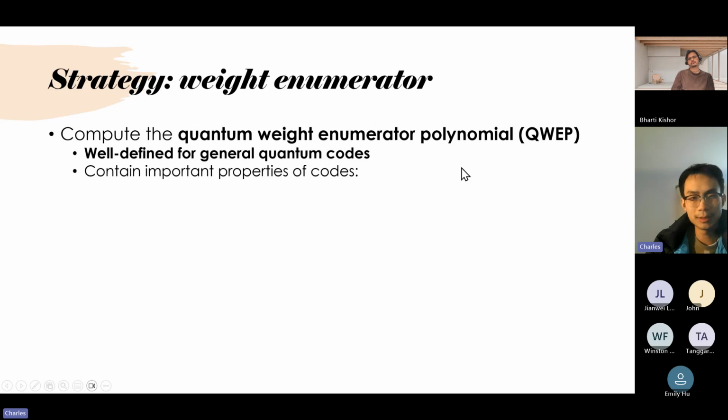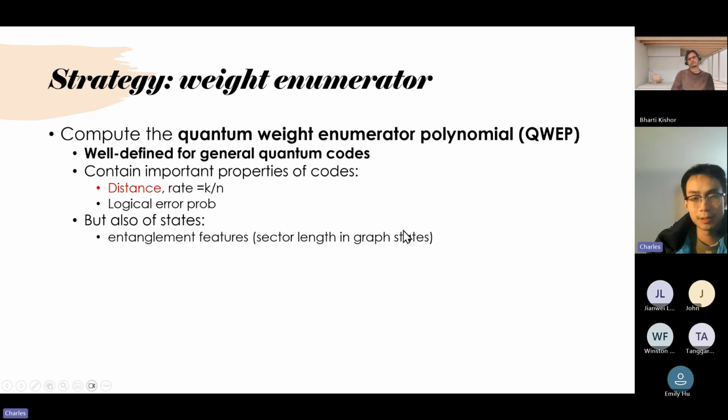And they contain important properties of the code. For example, if you construct these polynomials, you can hope to, of course, read off the distance. You also learn about how big the code subspace is, right? The encoding rate, and you will also learn about, say, the logical error probability from such polynomials, as we will see in a little bit.